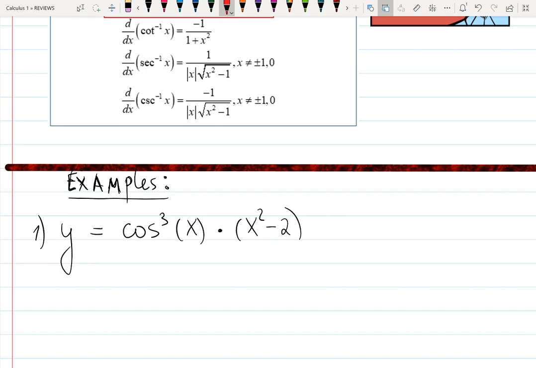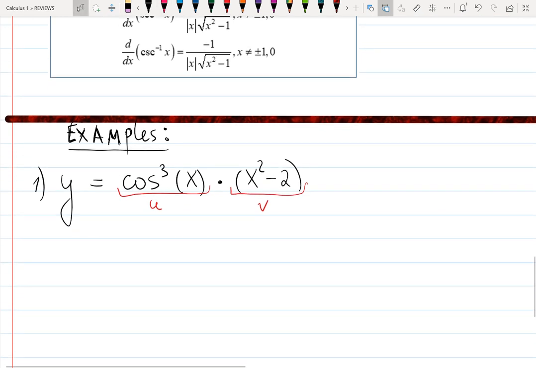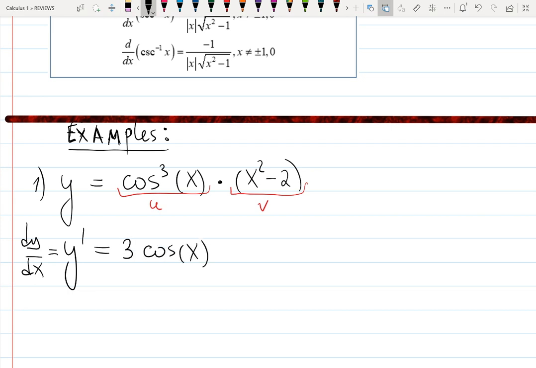Okay, that's product rule. I can see u times v. The first function will involve chain rule because cosine is cubed. Let's do it. Y prime or dy over dx, that's the same thing, just for you to know, is the derivative of u, which requires chain rule. 3 goes down, cosine x, change the exponent to 2, decrease by 1, times the derivative of the function inside, which is negative sine x, and that was only the derivative of u, that was u prime.